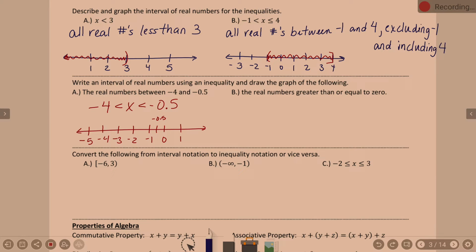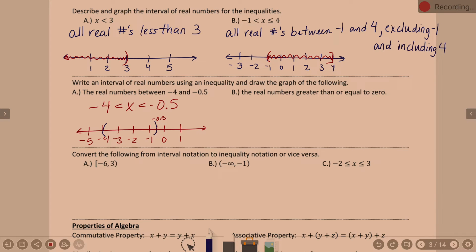Where's my graph go? You put a parenthesis at -0.5 and -4. Does the parenthesis go in front of the line, behind the line? It doesn't matter. I'm going with on the line.